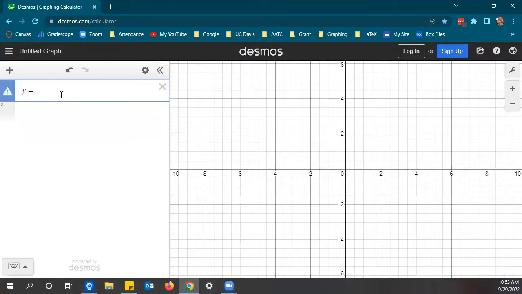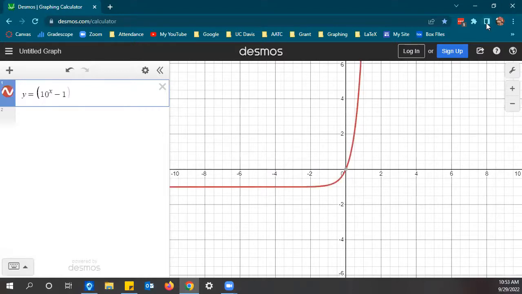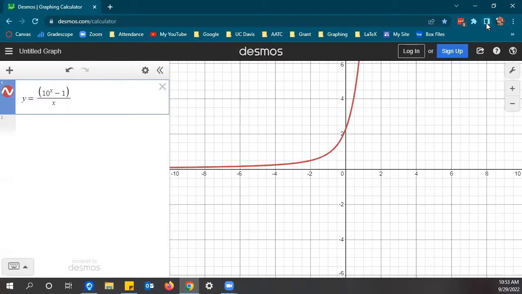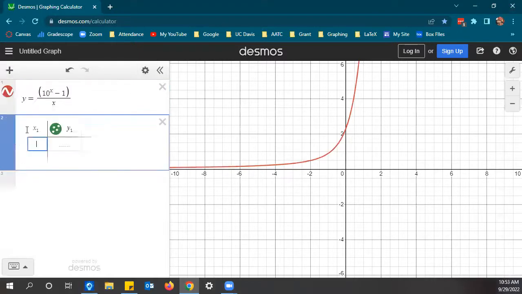Y equals (10 to the x minus 1) all divided by x. And then I would grab a table and just start plugging in my x values that I want to check.